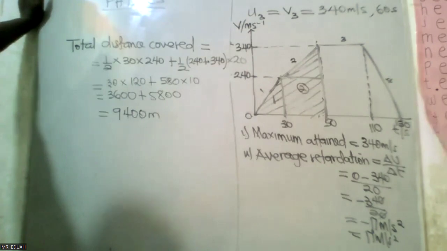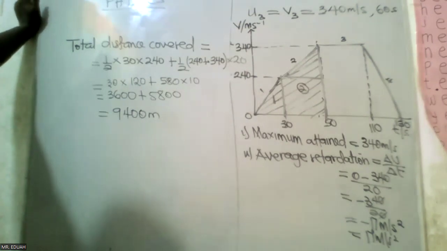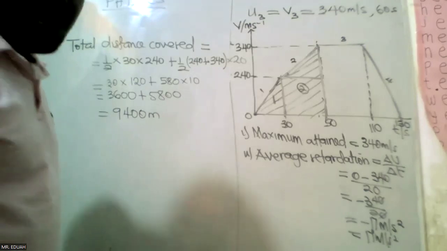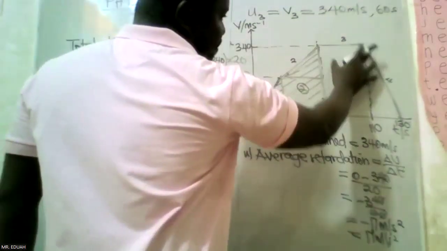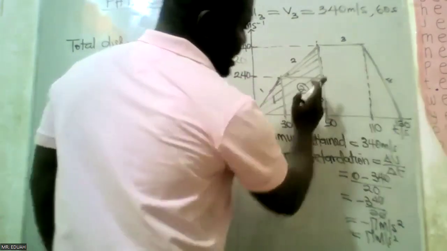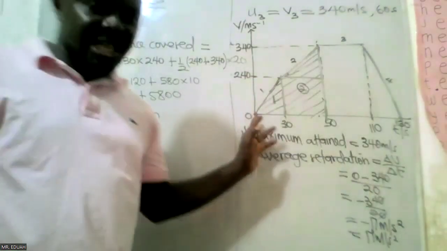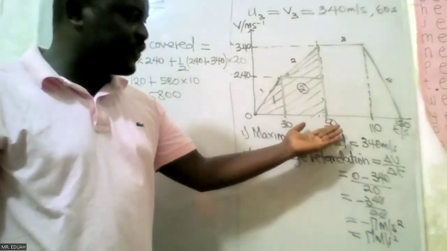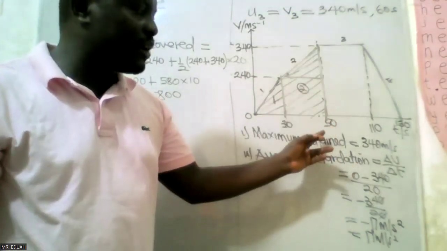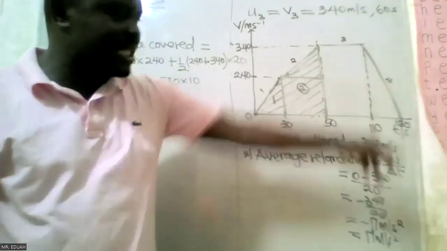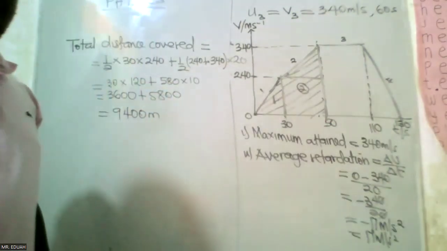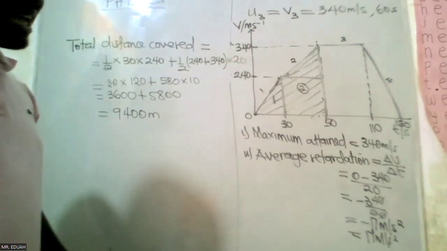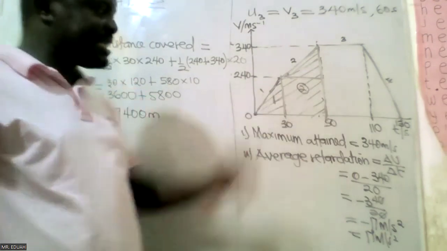Okay, so I think what Paulette did was this. She calculated for this remaining side. Since we have the total distance covered for the first 50 seconds, she calculated the total distance for the rest of the seconds. The next 100 and the next 80 seconds.